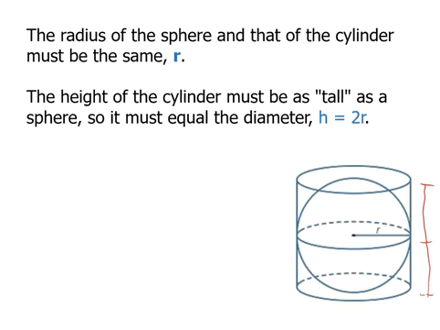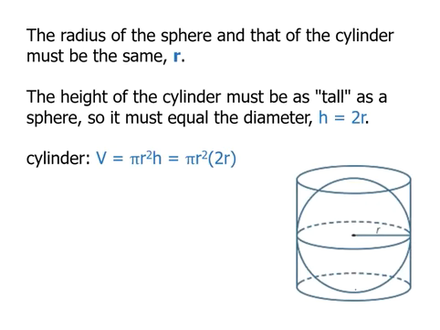Another way to say that is that from this point at the top to this point at the bottom is a full diameter, and a diameter, of course, is 2r. So the height is 2r. So the volume of a cylinder is V equals pi r squared h, and for that h we're going to plug in 2r. So what we get is 2 pi r cubed. So that's the volume of the cylinder.